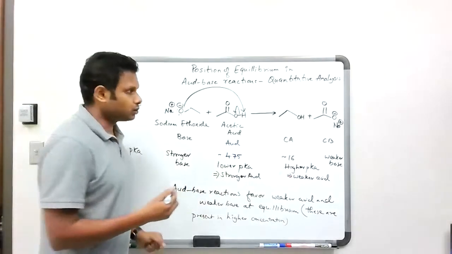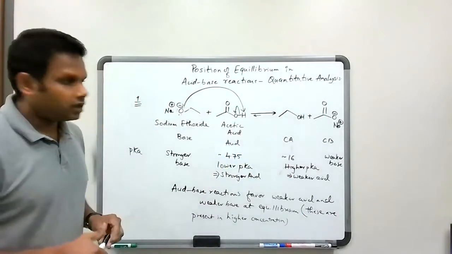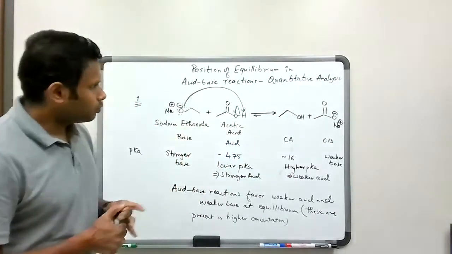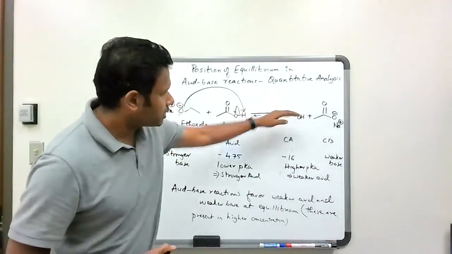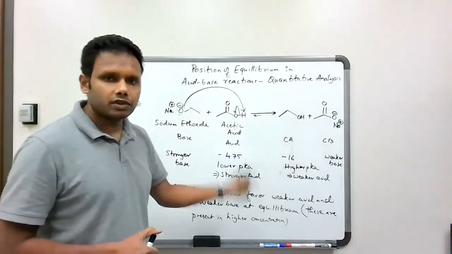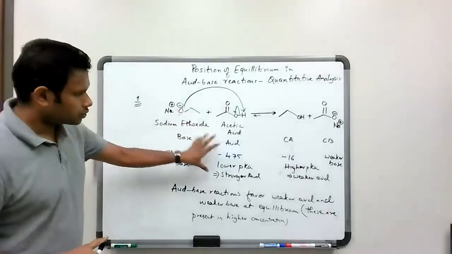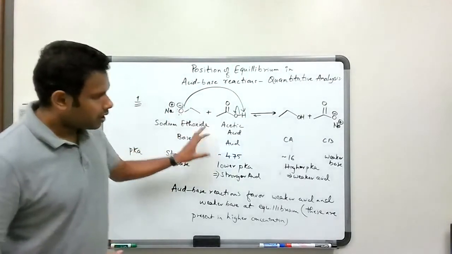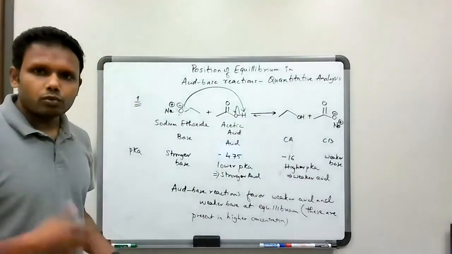So the way we show that is by using a smaller arrow pointing backwards. And so the way we read this is, this reaction is more favored in the forward direction, less favored in the backward direction. And that's because our stronger acid and stronger base are on the left-hand side, the weaker acid and weaker base are on the right-hand side.